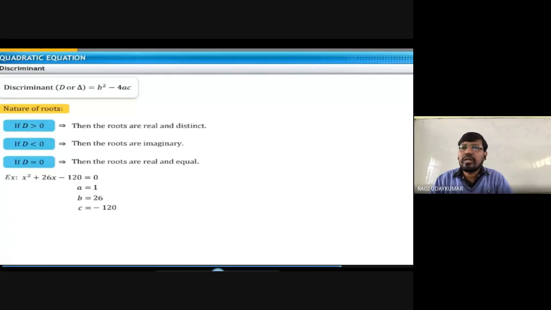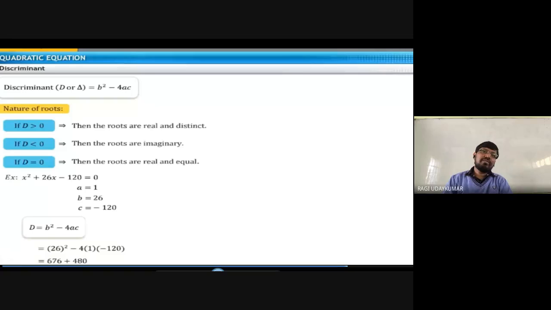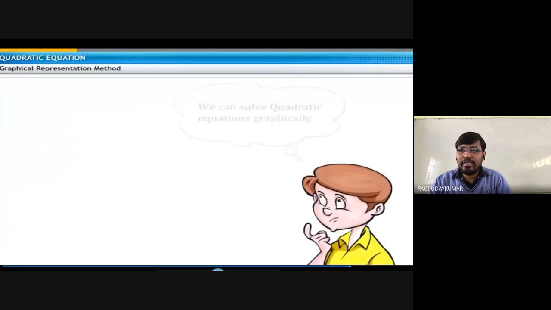So what do you get? b square minus 4ac, calculate. b square is 26 square, minus 4 into 1 into 120, that is 676 plus 480. You are going to get 1156. That is greater than 0, so the roots are real and distinct. Here the roots are minus 30 and 4, which we got actually.